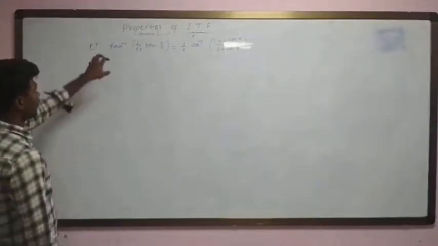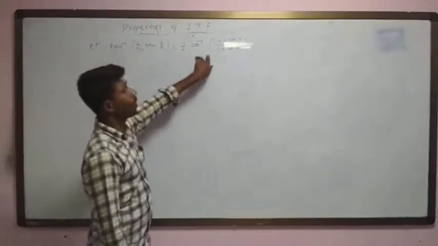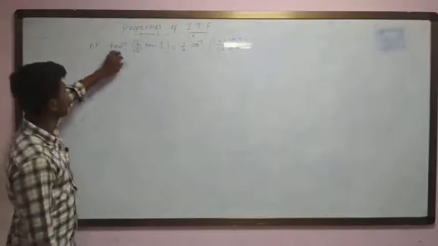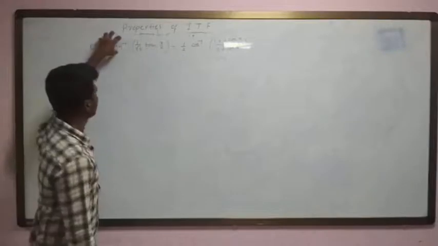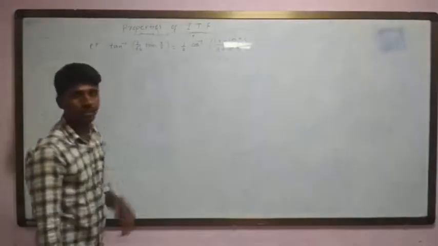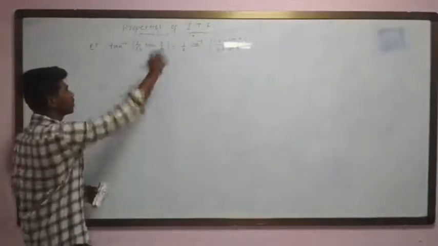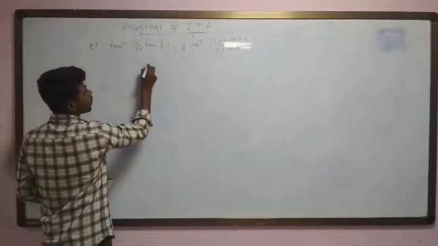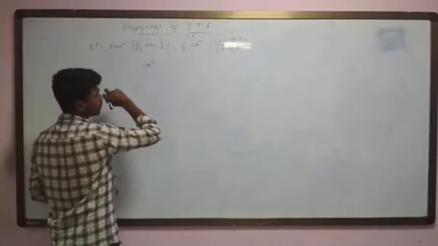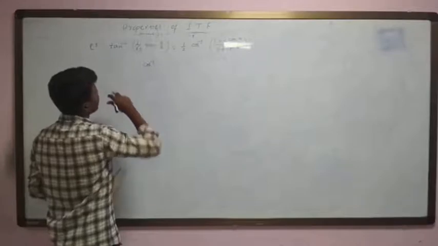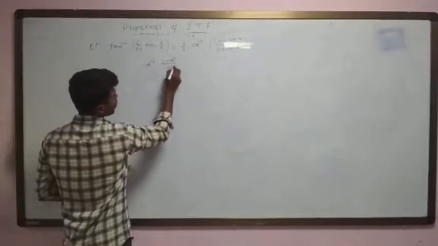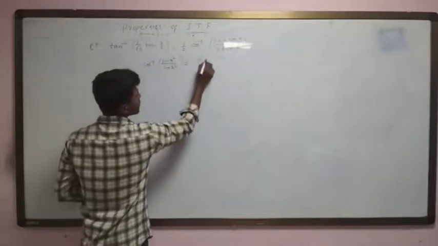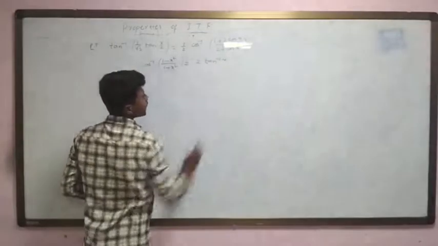So we have to relate tan inverse in terms of half cos inverse. Tan inverse and cos inverse are not directly related. Just recall the properties. We can write cos inverse of 1 minus x square by 1 plus x square as 2 tan inverse x.